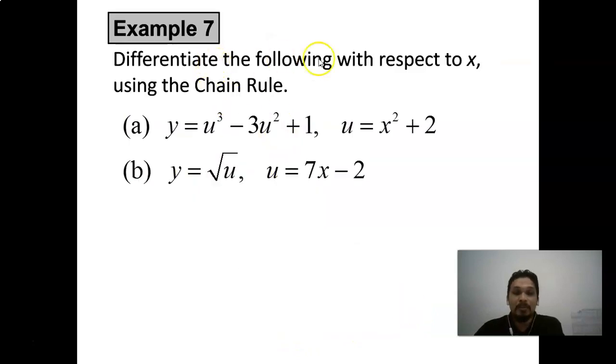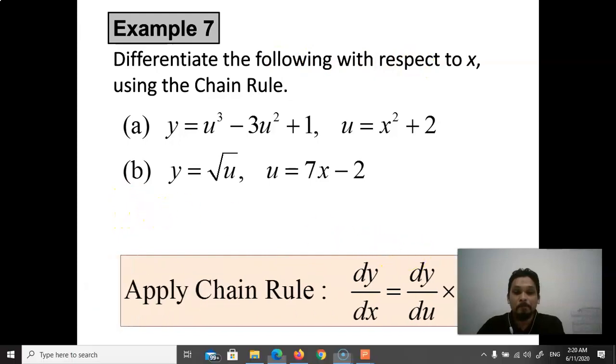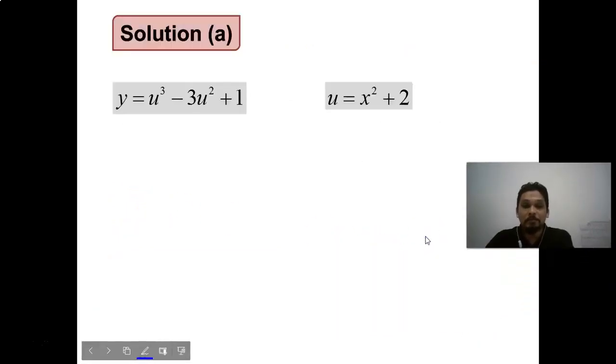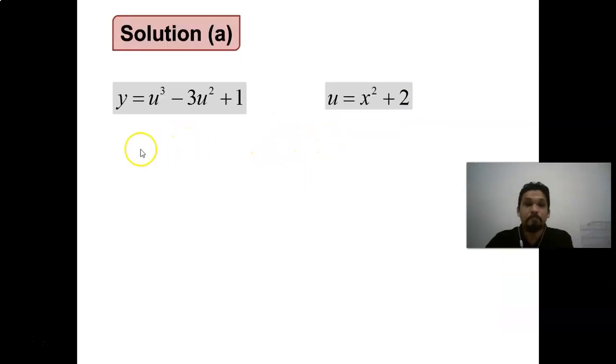Okay, so let's say the first one in here. Then dy du equals 3u squared minus 6u, then du dx equals 2x.